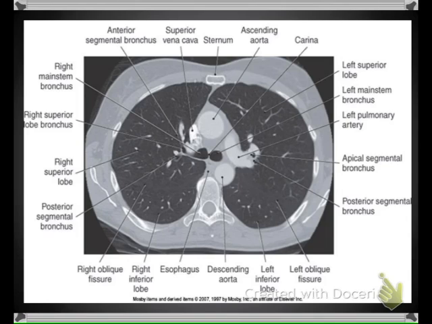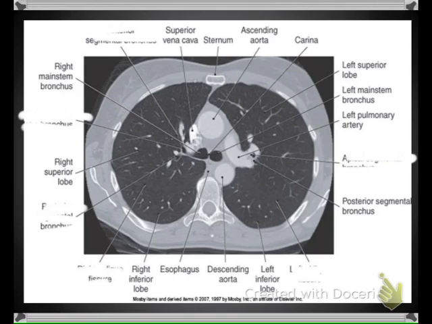And so we're not going to worry at this point about the oblique fissures because they're very hard to distinguish on this image. The posterior segmental bronchus, the right superior lobe bronchus, and the anterior segmental bronchus, pretty much each of these things, don't worry about noticing or memorizing.